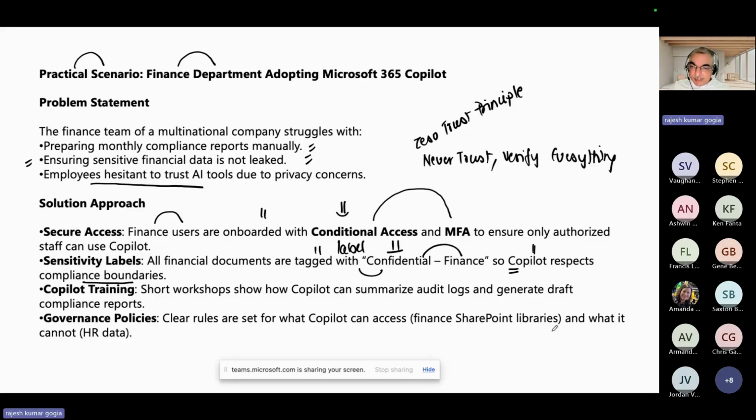So in such cases, Copilot can help you. Okay, I have to take care of your privacy so that your sensitive data is not being shared. And definitely, Copilot can summarize your audit logs and generate draft compliance reports. Yes, it does require some small training as well.